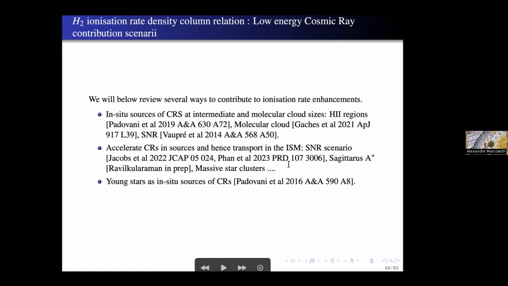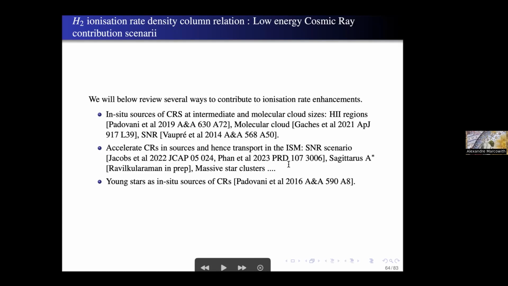So you can have, as I told you, in situ sources of cosmic rays at intermediate molecular cloud size, which can be associated with H2 regions, molecular clouds, or supernova remnants. There have been some observations of, let's say, the supernova remnant W28.